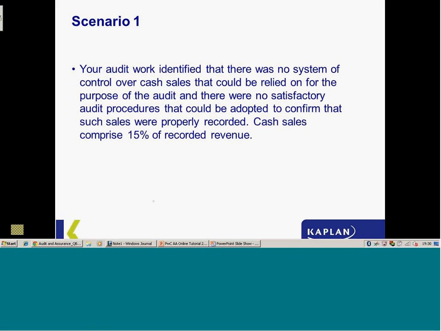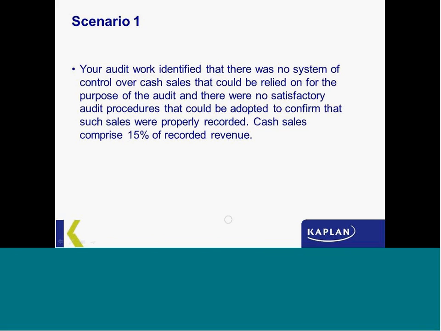Good. So between 5% and 10%, if in excess of 10%, then it's going to be material. In exam, you always take the lower threshold as the trigger. So if it's in excess of the lower threshold, then it is material in this exam. 15% is well above 5%, so it's material.